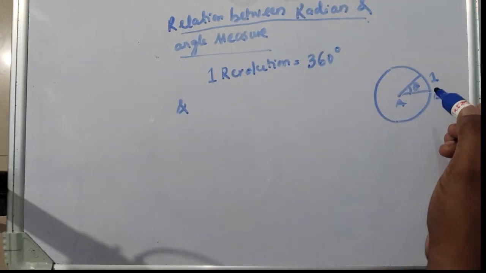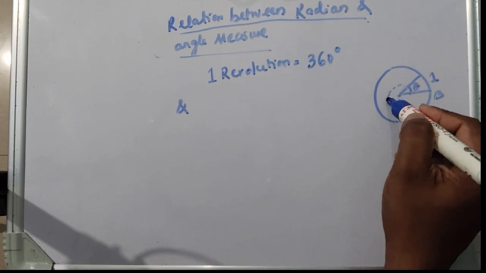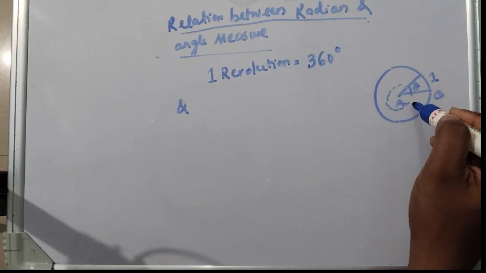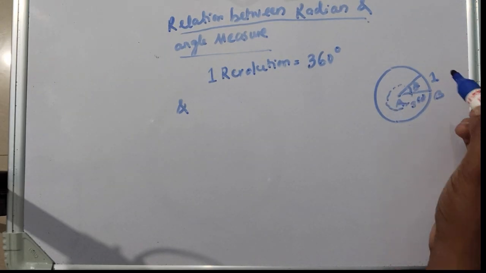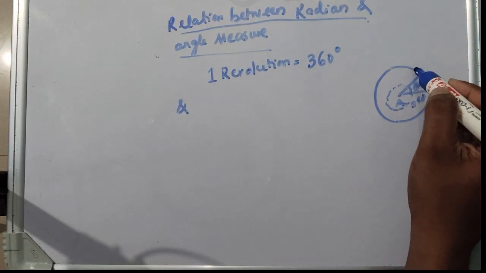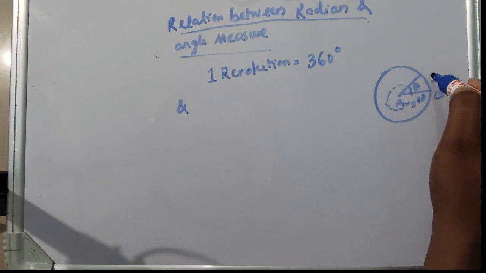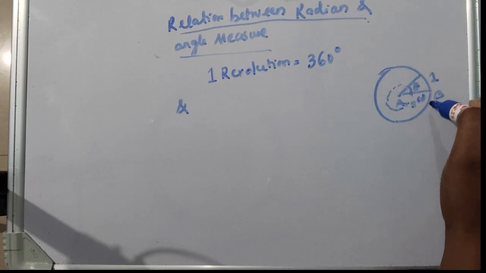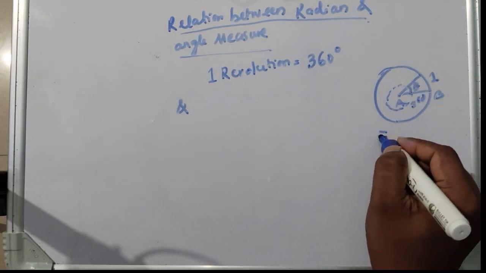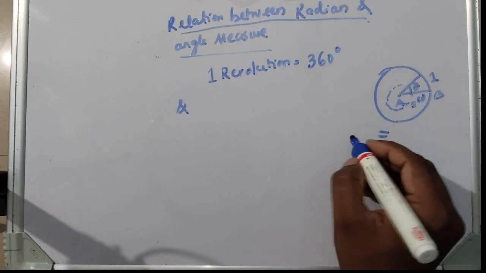And suppose this angle becomes 360 degree, then what will be the value of this? The value of this will be circumference.